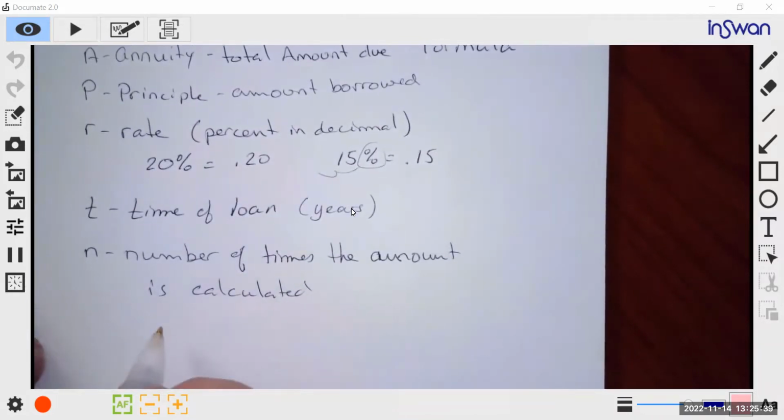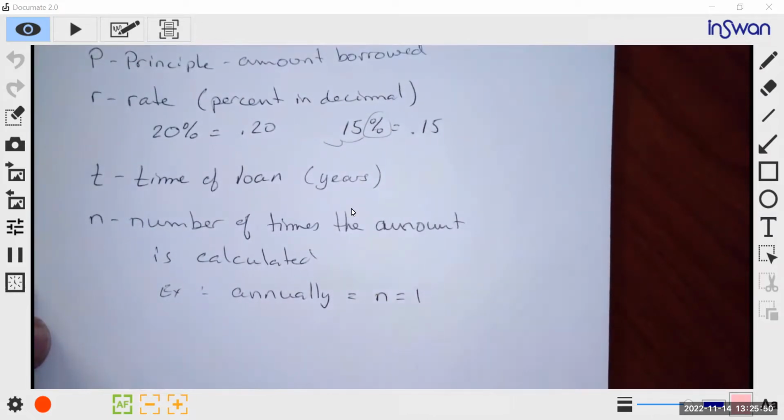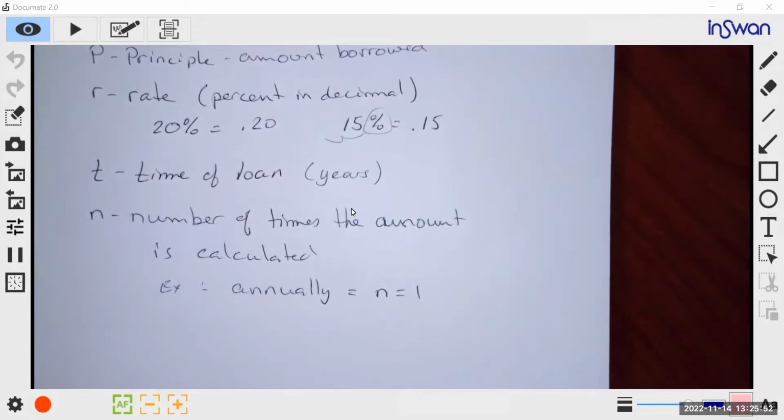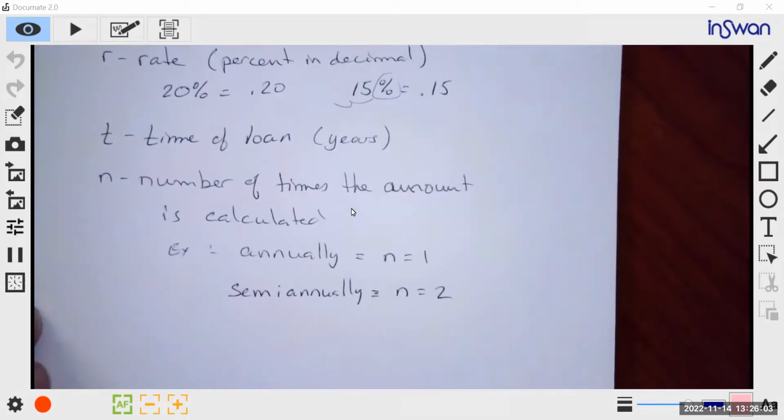In other words, for example, if I say annually, that means N is 1. If you pay annually, it's only done one time. If I say semi-annually, that means I do it 2 times.